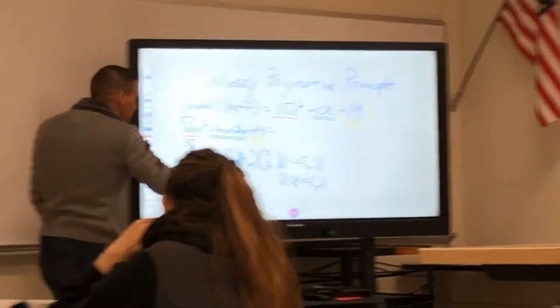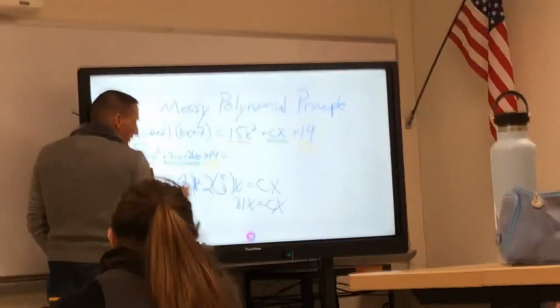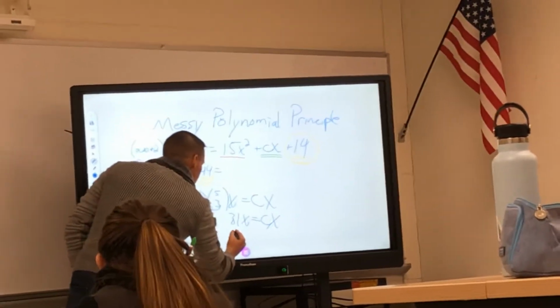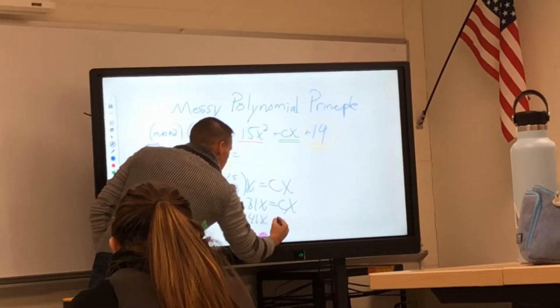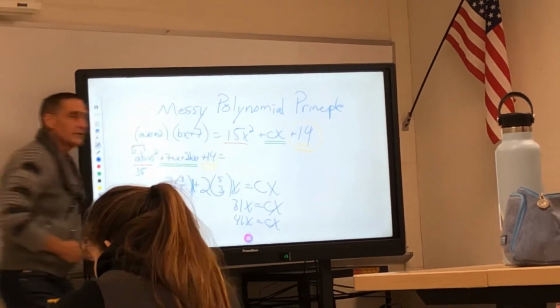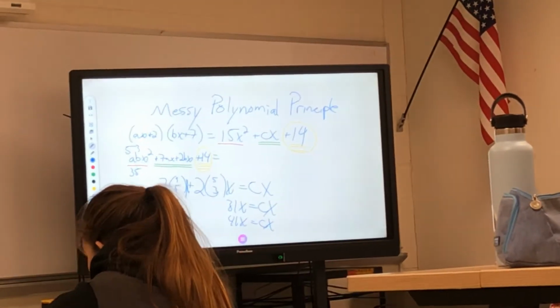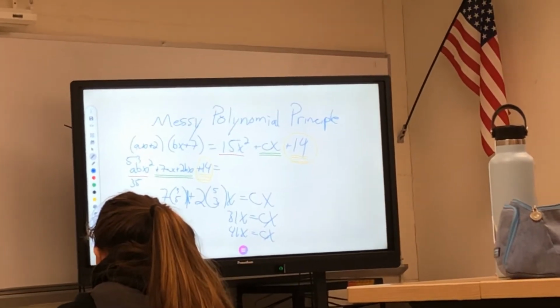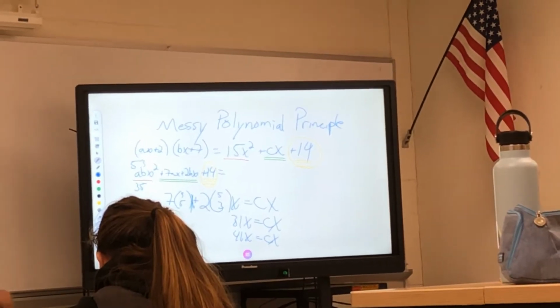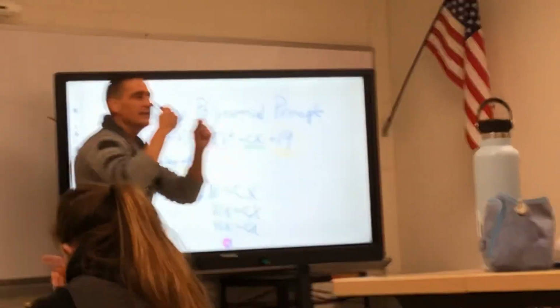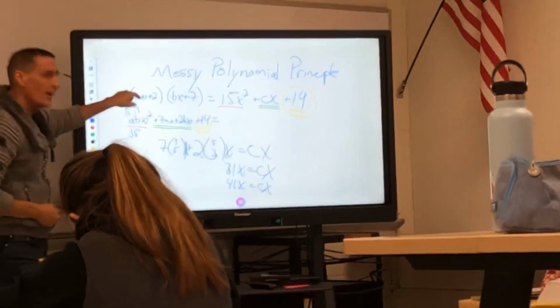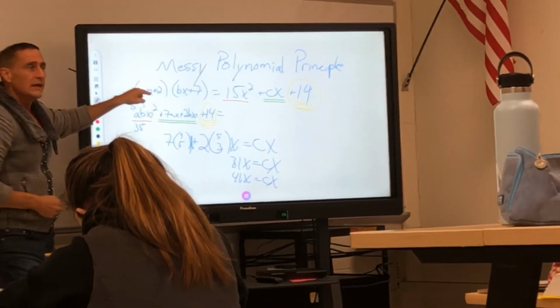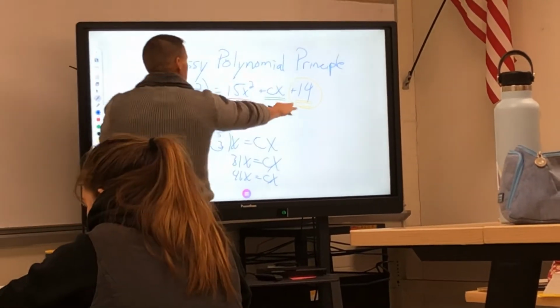What is it? 7 times 5 is 35 plus 6. Those are your two possible results, right? So we know that c equals 31 or 41. And that all hinges on taking the initiative to do what you already know how to do, and then you get rewarded with the messy polynomial principle.